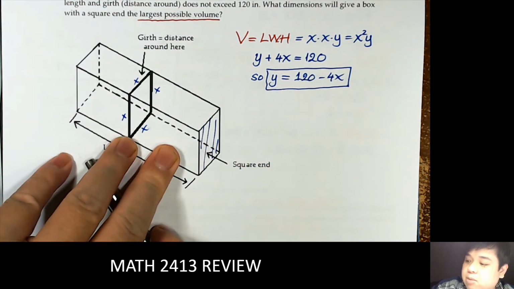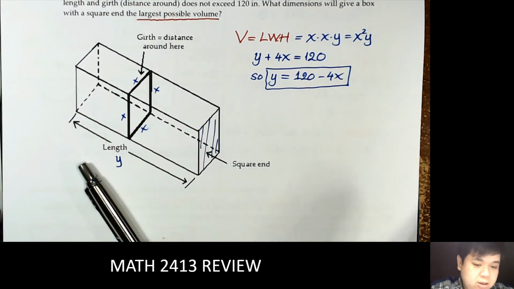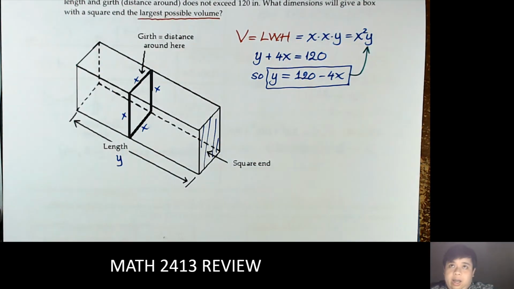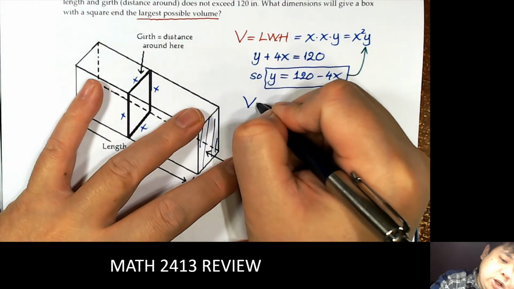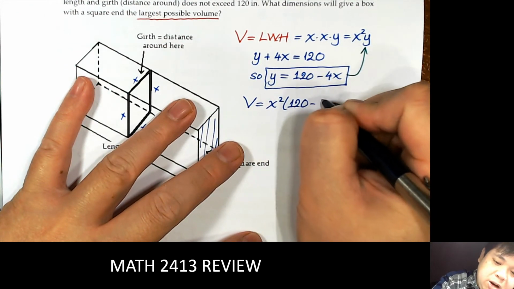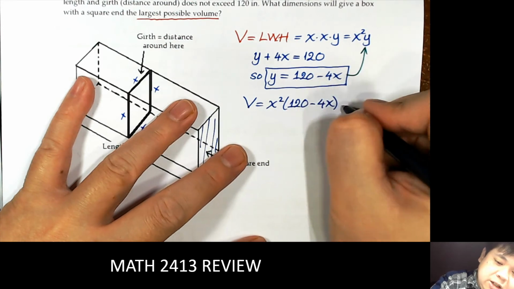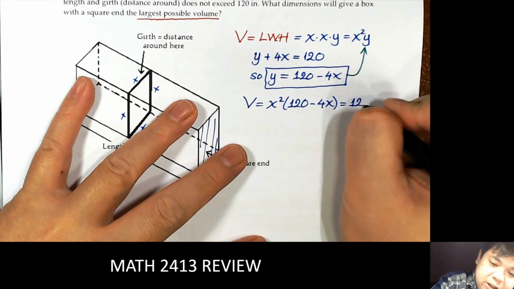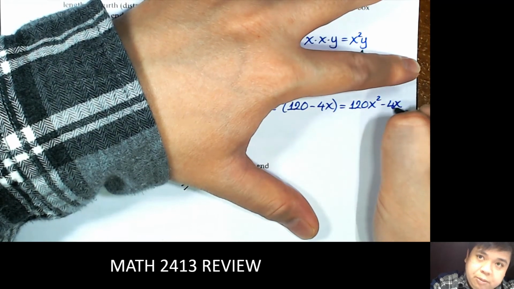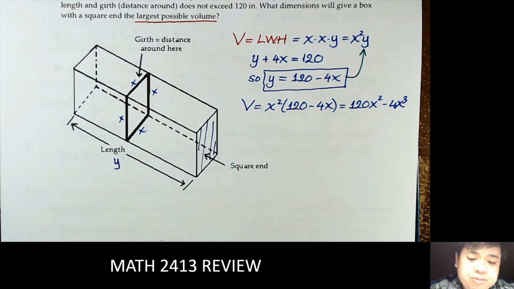And we can just substitute this in for y. And so we have the volume equal to x squared times (120 minus 4x), so 120x squared minus 4x cubed. That's what we have. Right.